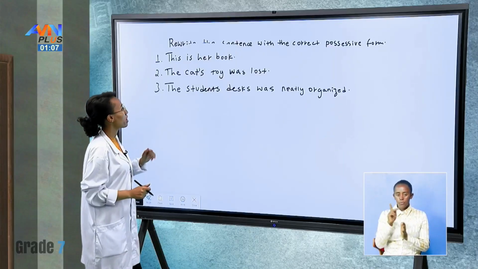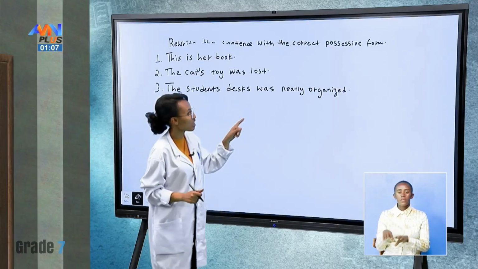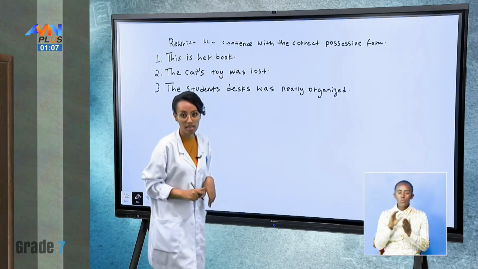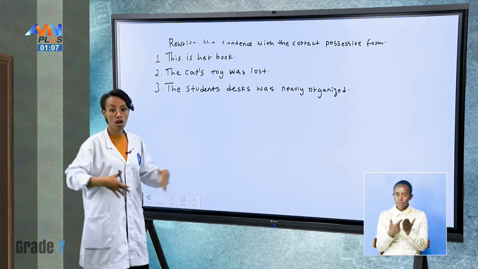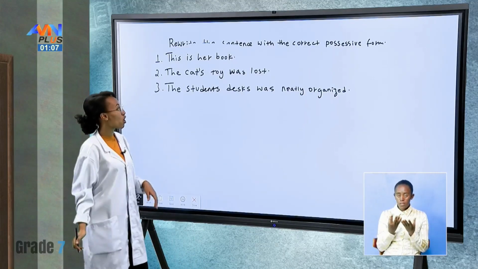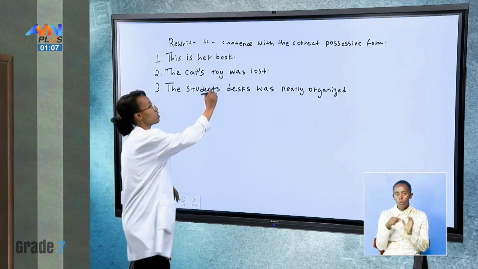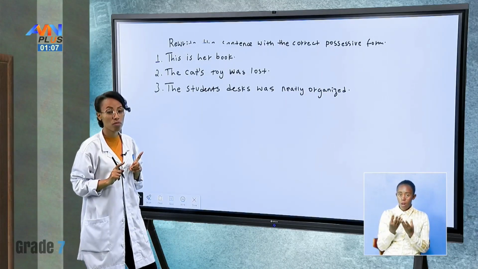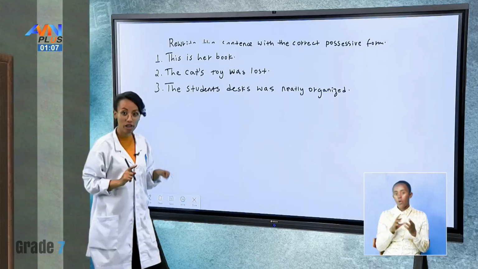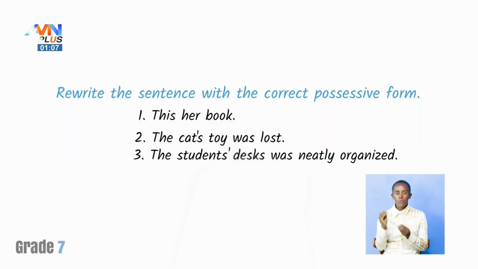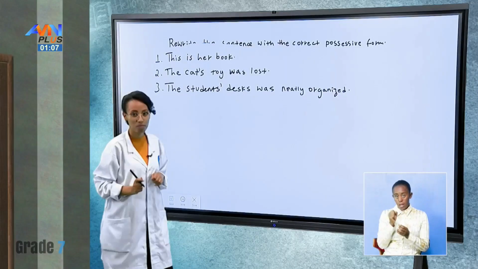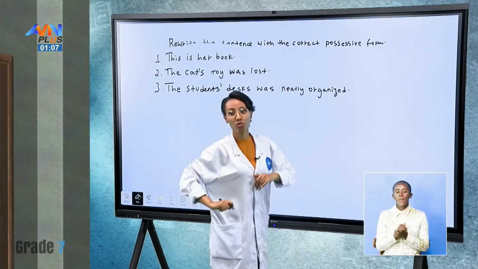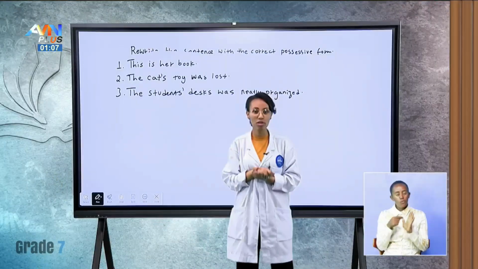Okay, number 3, the students' desks was neatly organized. Here, students are many, so in order to show that, what do we do? Students is in its plural form, and it is what? A regular noun. So we add apostrophe after the S. And this is how you use apostrophes to show possession.